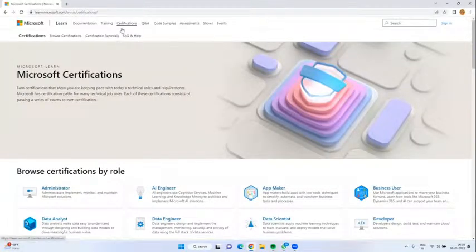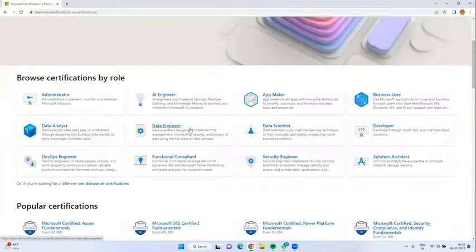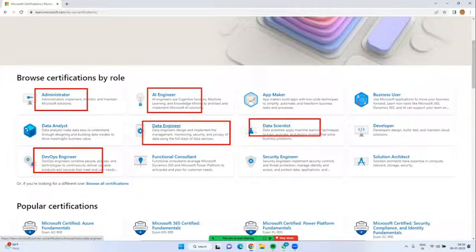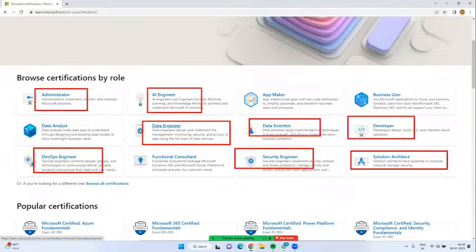These are the different types of certifications. We have administrator, artificial intelligence, DevOps engineer, data engineer, data scientist, security engineer, solution architect.